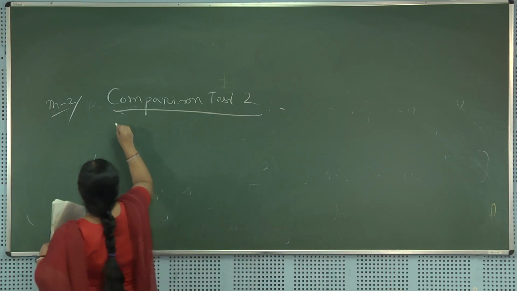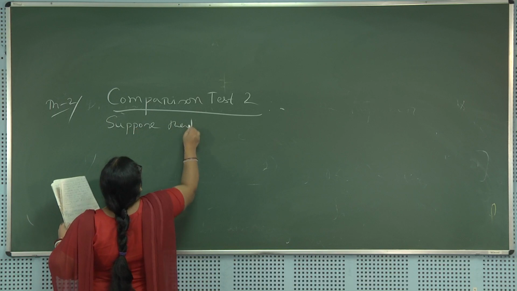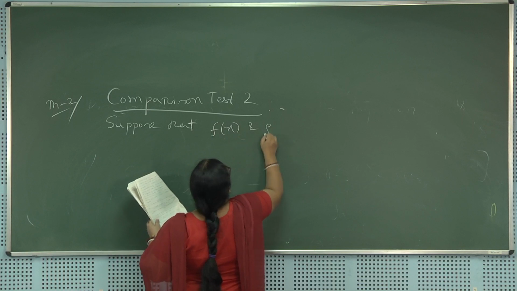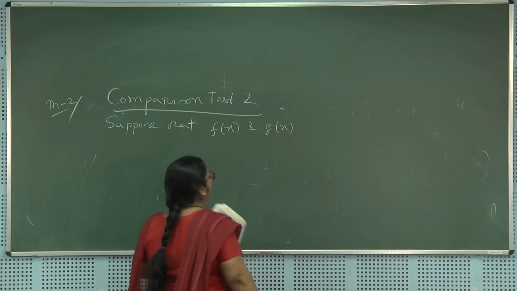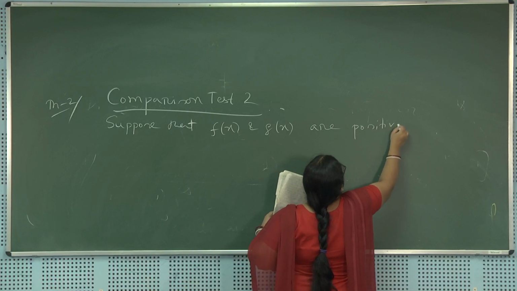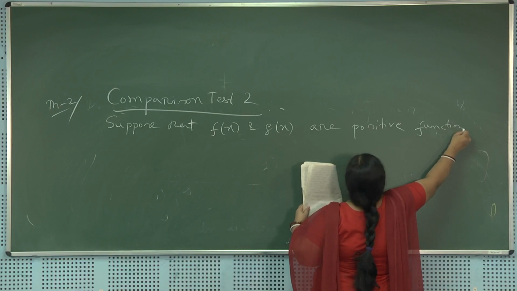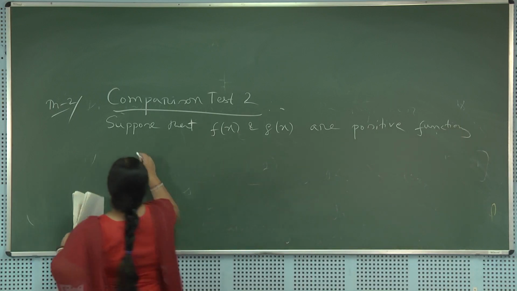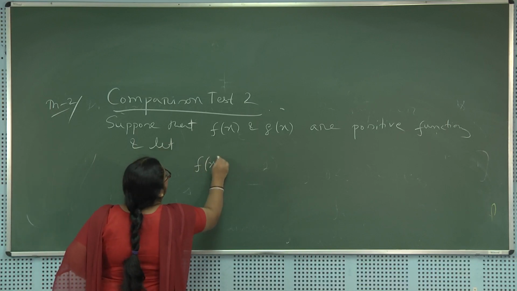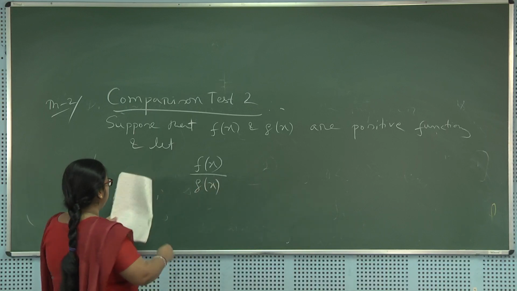It says, suppose that f(x) and g(x) are positive functions, and let, we will take the ratio. So, f(x) upon g(x). Remember both are positive, so it is fine, you can do that.